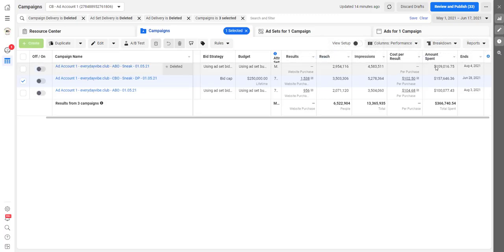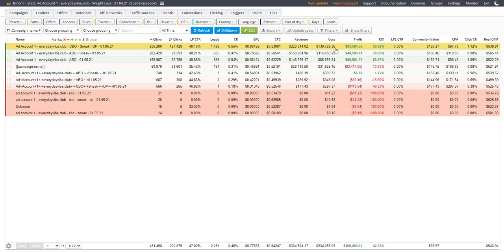So even though it says 157,000 and it only says 139,000, we do have another $32,000 in unaccounted tracking spend. So that potentially, if this had tracked properly, this CBO sneak might actually be closer to that $157,000 mark spent. Okay, I just want to point that out, and I want to make sure that that's crystal clear.